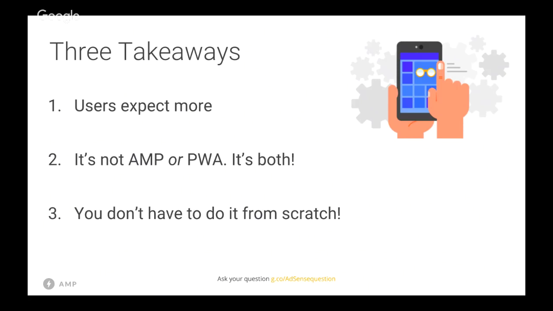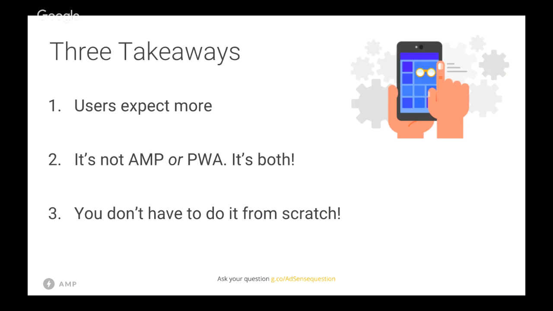AMP and PWA really help you achieve exactly that. And as we said, it's not really about AMP or PWA, it's actually both, and there are interesting use cases for how you can combine these two frameworks.